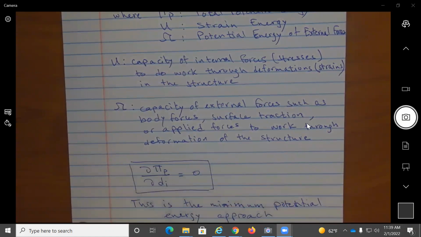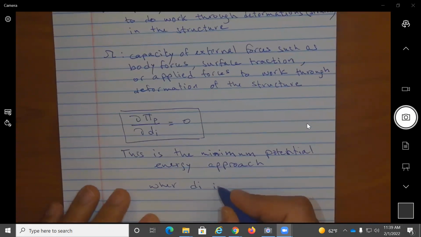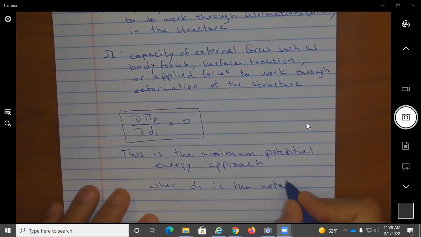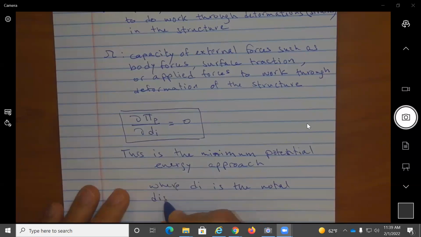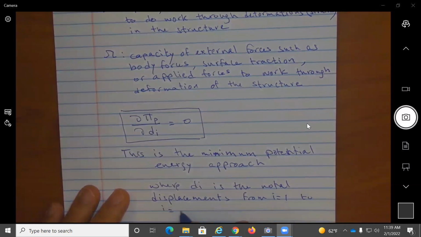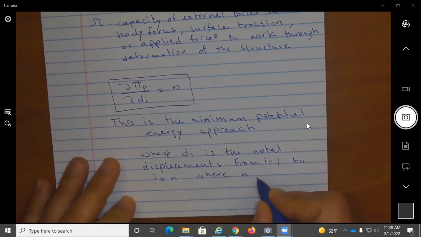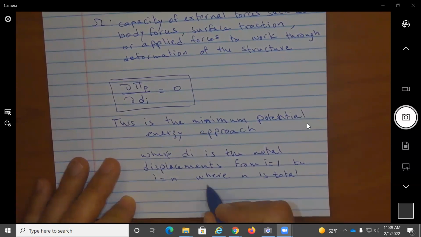Of course, where di is the nodal displacements from i equal 1 to i equal n, where n is the total degrees of freedom.